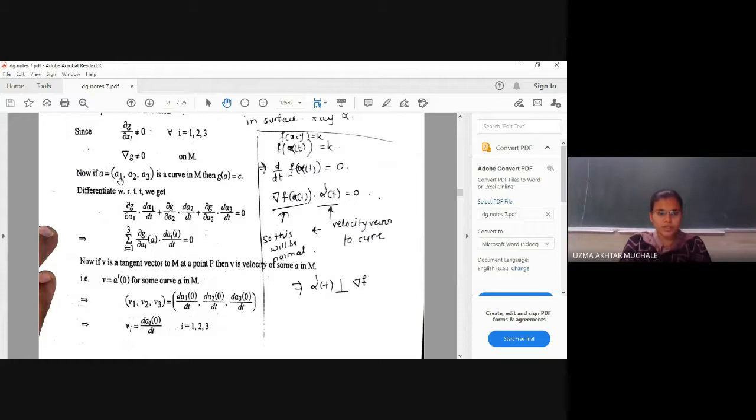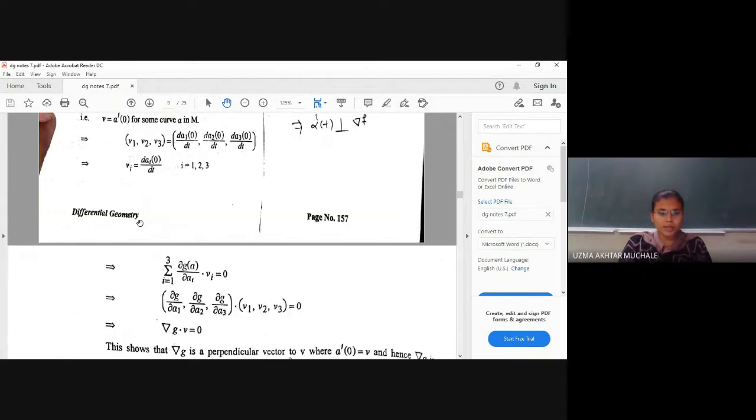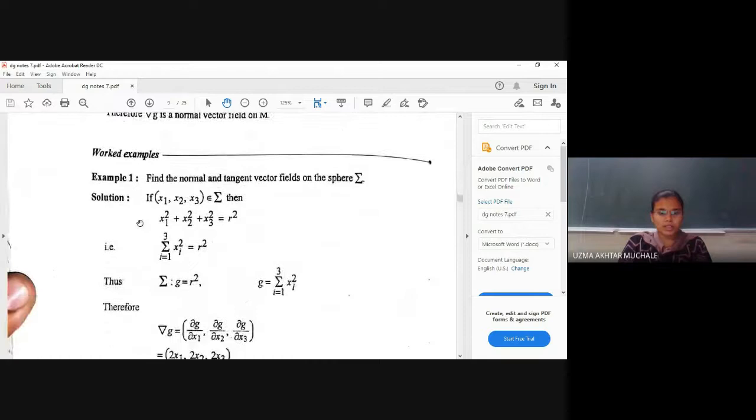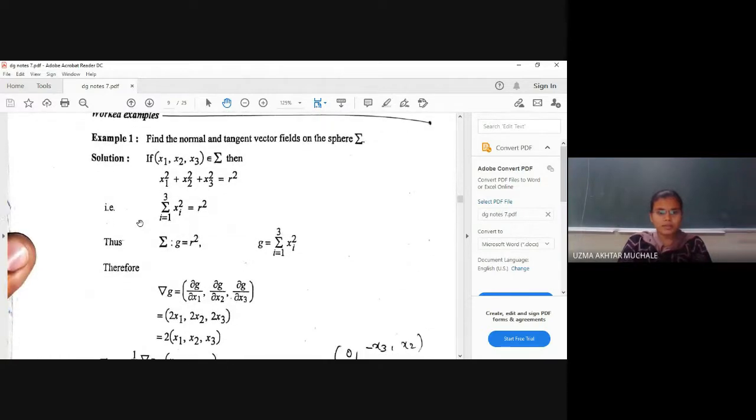Alpha is a curve, and any curve is a function defined from an open interval I to E3. In the open interval I we have only one variable t, which we may call the parameter. With the help of that I showed you in the last lecture how the dot product is 0, and now we will see some examples.